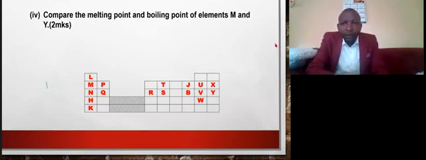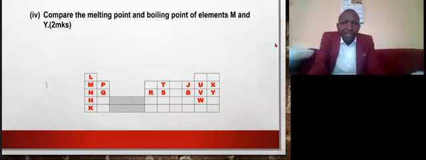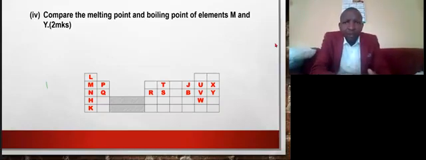Element M has a higher melting point than element Y because element M has a giant metallic structure made up of strong metallic bonds, while element Y has a simple molecular structure made up of weak van der Waals forces.